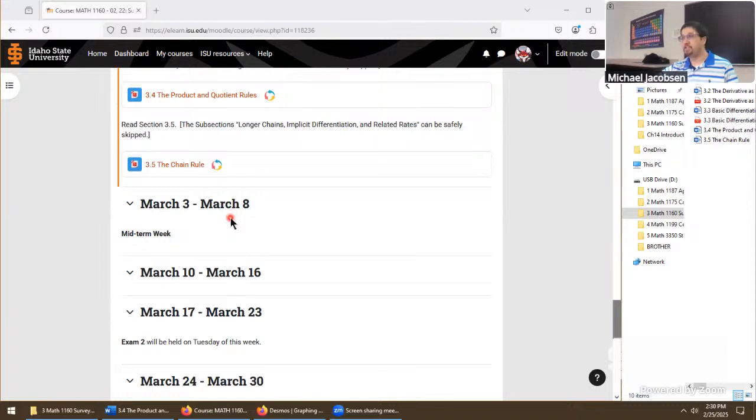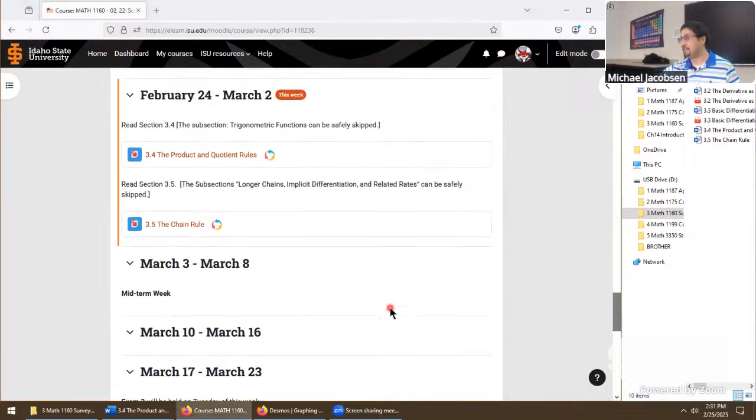Looks like it might go into section 3.7, but I'm not completely certain if we'll finish that. It's not quite on the list here, but we'll know officially once we get through this week. Then next week, we have to keep going forward so we don't get too far behind in the schedule. But we'll pretty much be repeating everything we did relative to exam 1. So you'll see the same materials posted up here, just different sections.